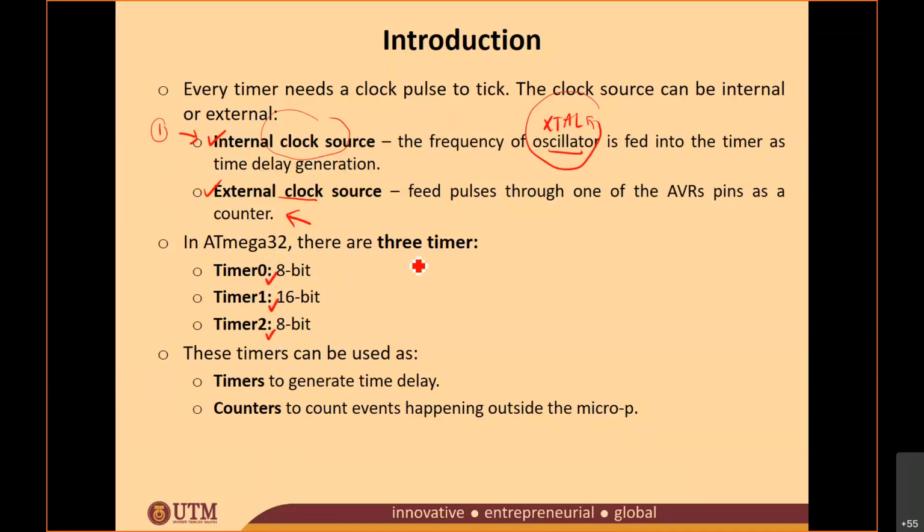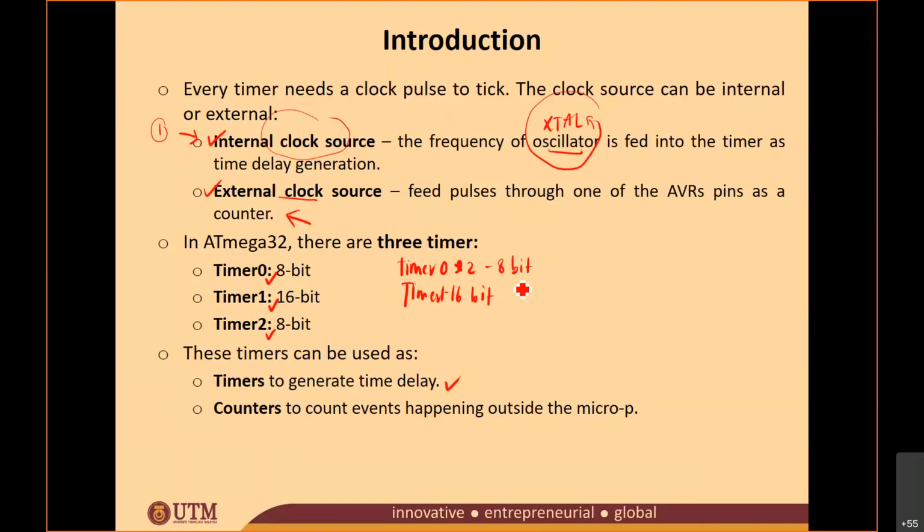Timer 0 and timer 2 are 8-bit in size, while timer 1 is 16-bit in size. So these timers can be used as a timer to generate a time delay, or as a counter to count events happening outside the microprocessor.